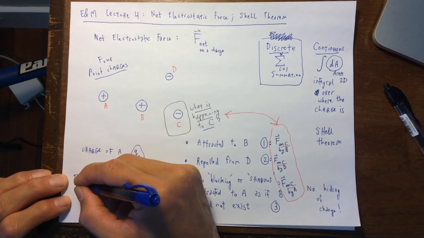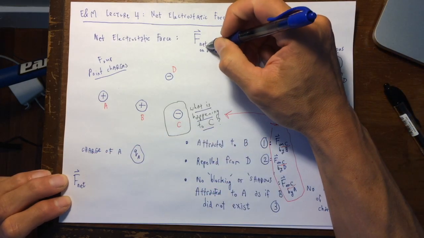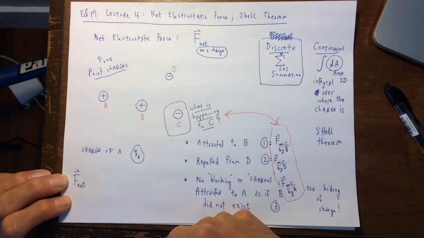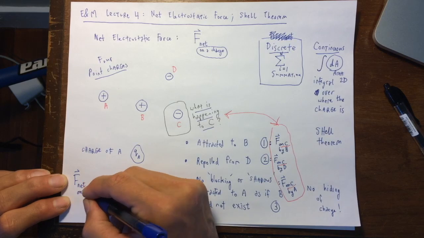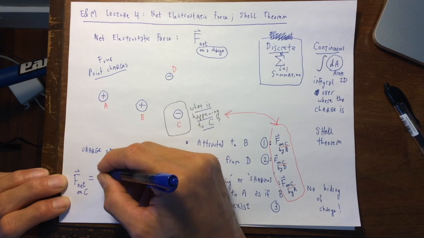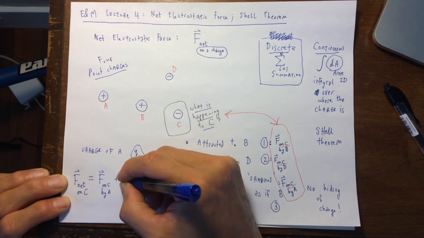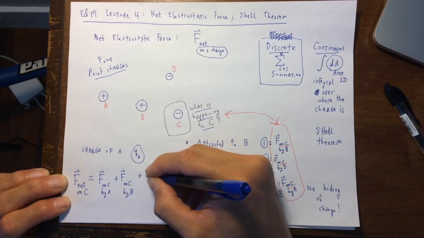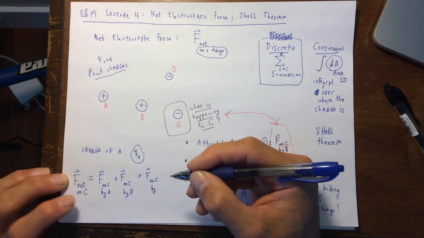And the net force, right, is something that I must ask, well, which object do you care about the net force for? So I care about what is the net force on C. It is simply the force on C by A plus the force on C by B plus the force on C by D, the only one left.